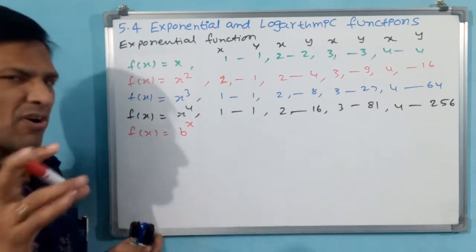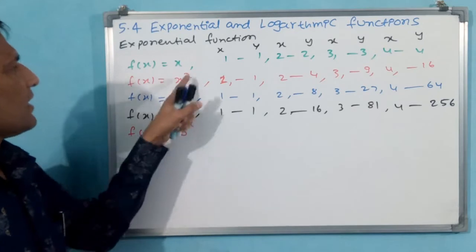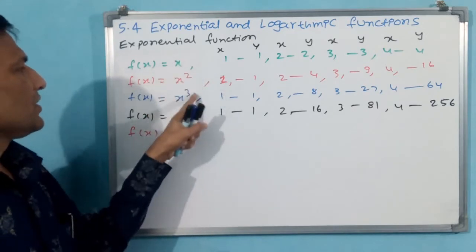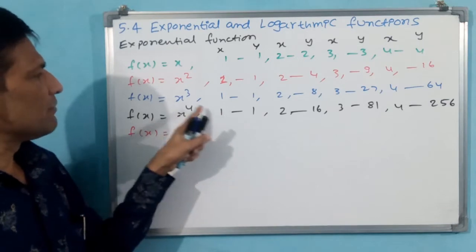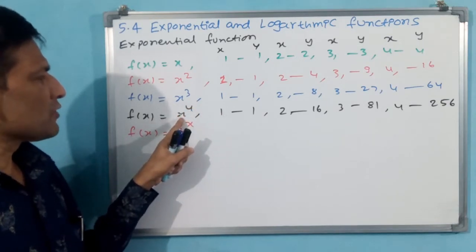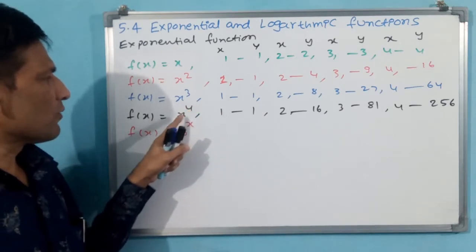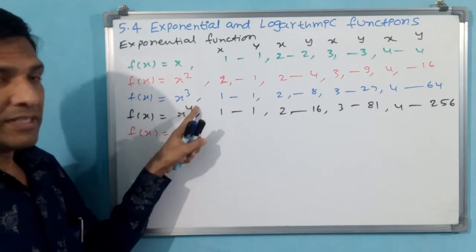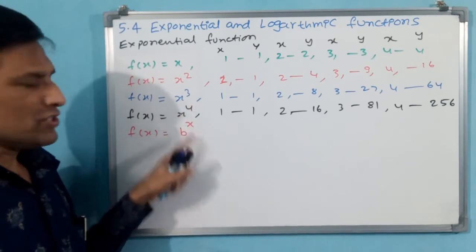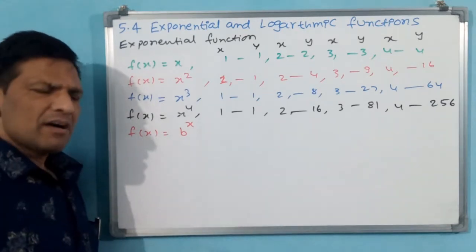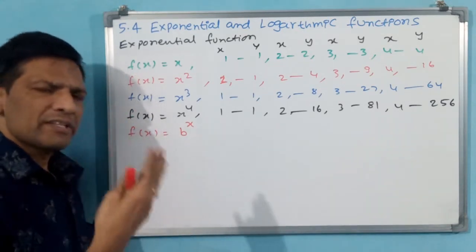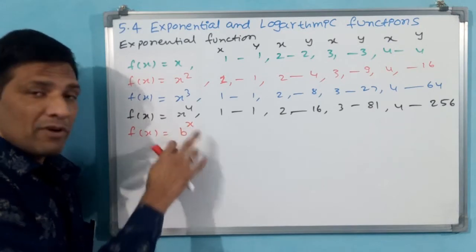Here b may be some constant. Earlier also 1, 2, 3, 4 were constants, but you were changing the base: 1 power 4, 2 power 4, 3 power 4, power same. But here base is the same, say you have taken 10, or 4, or 3. Base is the same, but the power goes on changing.